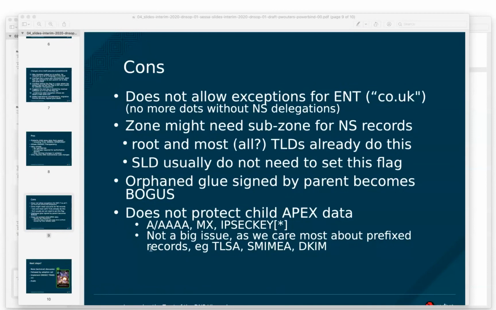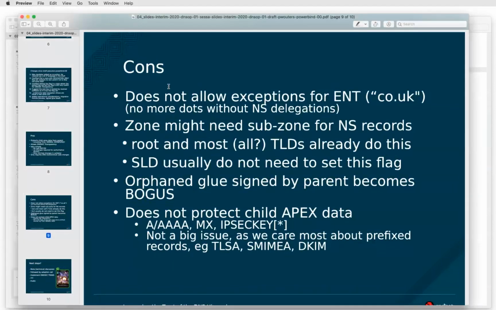Maybe the IPsec key would get protected. A and quad A don't get protected because there's always parental glue, right? So they would follow the unsigned glue to wherever that leads. But that's not a big issue because you would validate any cryptographic material of the resulting data, like TLSA records or something downstream.